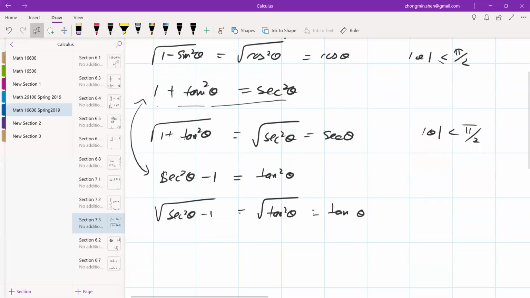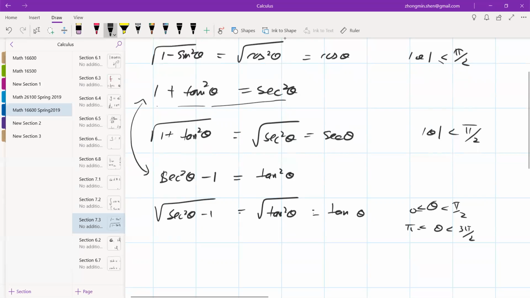because eventually we are going to use the inverse function. So remember, for secant theta, the inverse function range for theta is between 0 and pi over 2, or between pi and 3 pi over 2. Over these intervals, tangent theta is still positive.